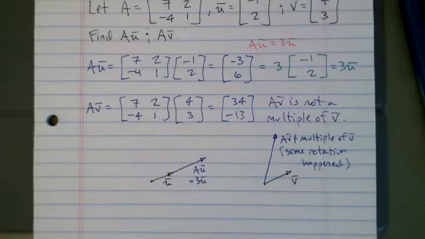So some rotation has happened. Instead of just being on the same line as our original vector, we ended up off of that line. Any questions?